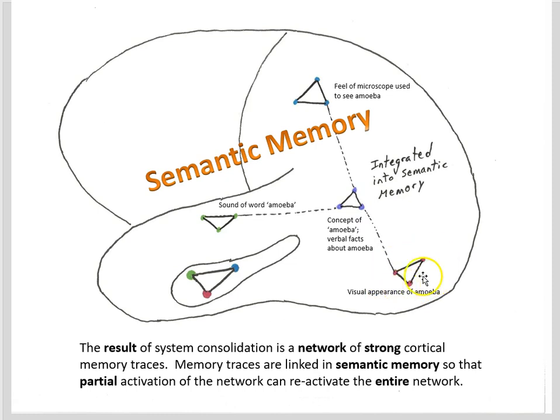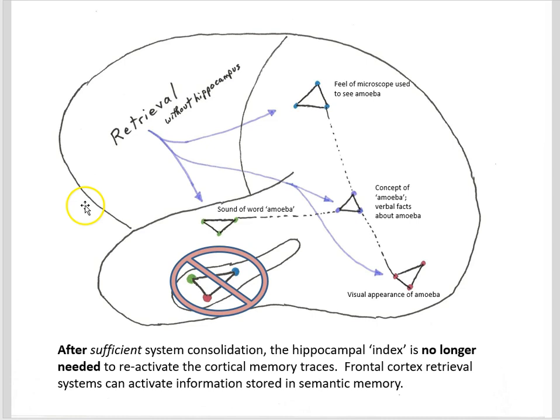Or if I see an amoeba, that will activate the concept, and then I can activate the word amoeba or other facts about the amoeba. So this is what it means to have semantic memory, so basic information about the world. We are setting up memory traces in distributed regions of the brain, but linking them together so we can access all the different kinds of information associated with one concept.